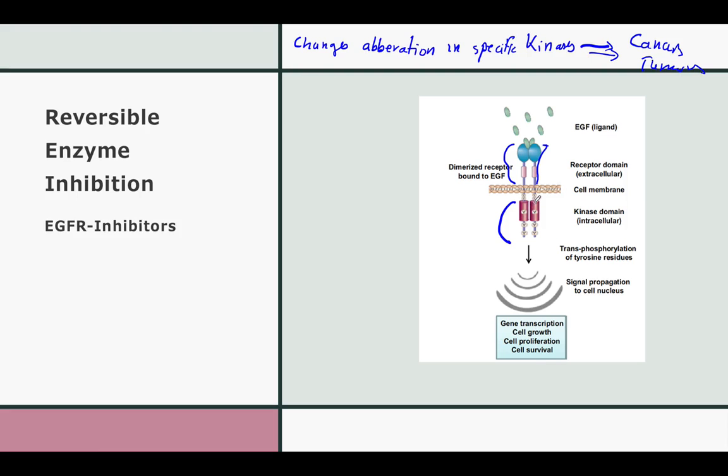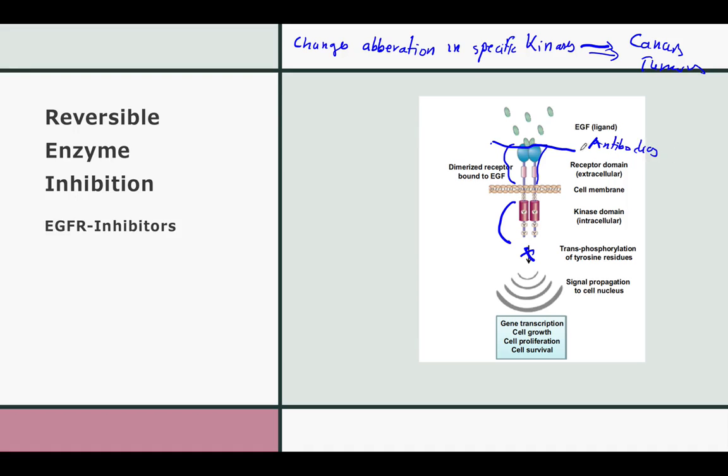The possible approaches to developing treatment would be because you have aberrations. So let's say you have an aberration to this particular EGF receptor here, and you don't want the communication to continue inside of the cell. One of the ways you can do it is you can try to block the binding of the EGF to the receptor, and that can be done through antibodies.